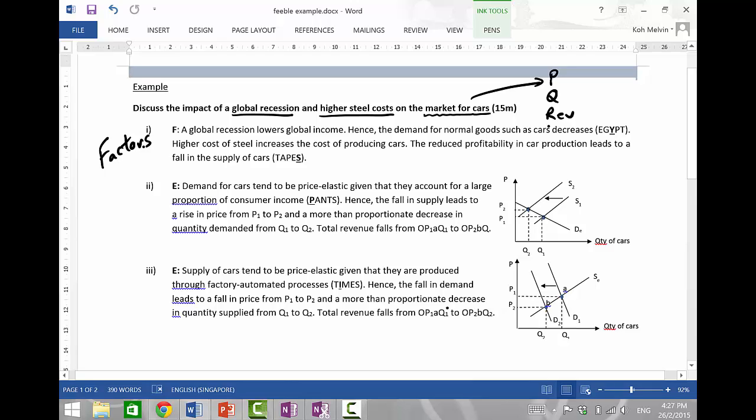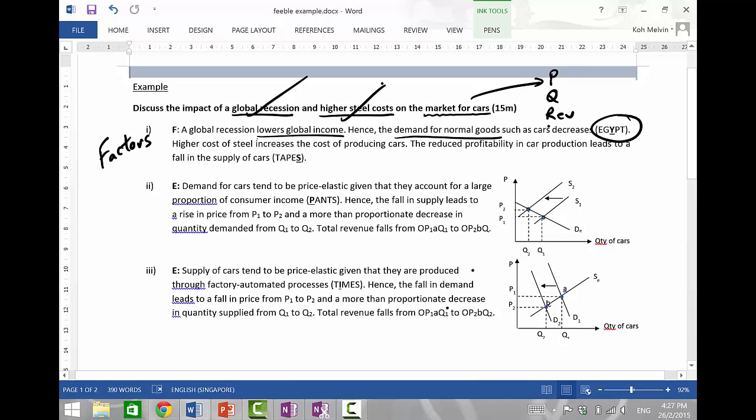So we start with the first step, which is to identify the factors which affect demand and supply. I take a global recession and I show that it lowers global income, which results in a fall in the demand for normal goods. So we have the demand shift here. EGYPT is the acronym that I use to explain factors affecting demand. So you probably use a different one in your school, it's fine. After I consider the effects of a recession, I go on to the impact of higher steel costs.